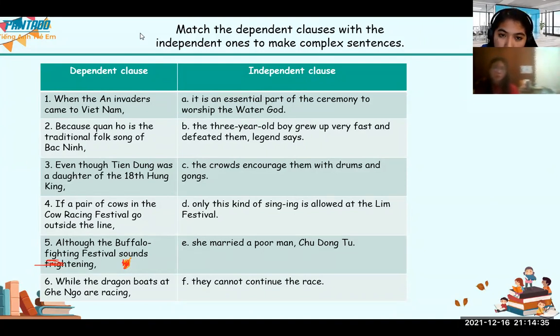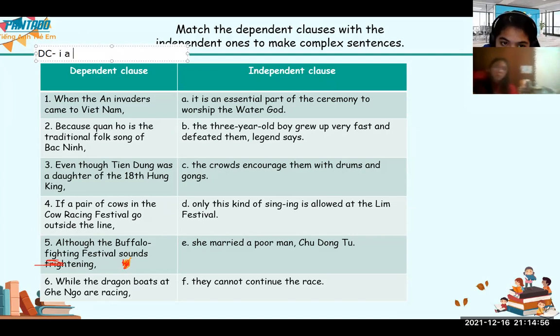Do you know what is dependent clause? No. Okay, so before you answer, when we say dependent clause, I will just say DC for dependent clause.